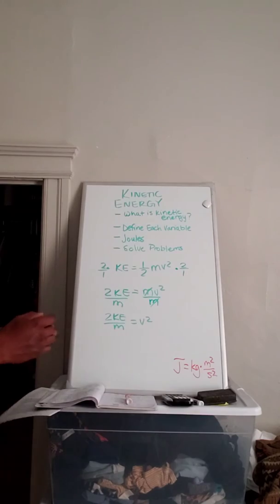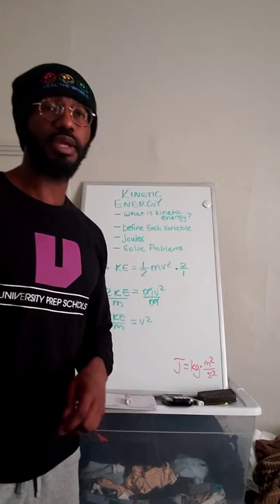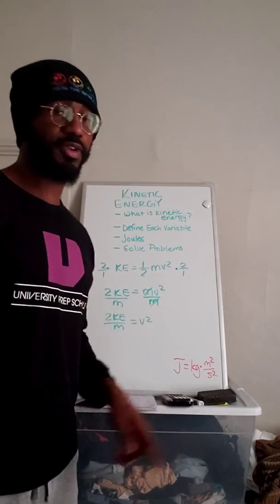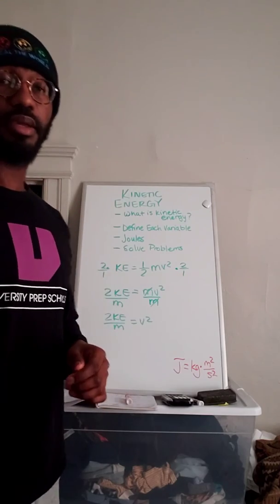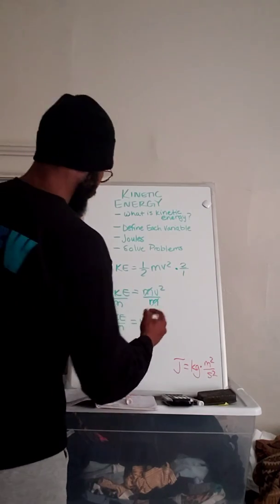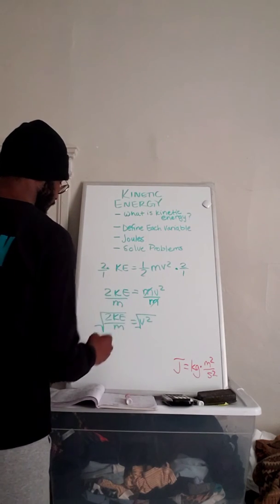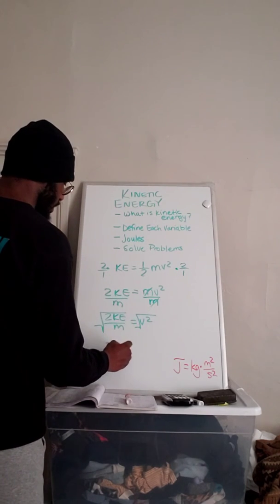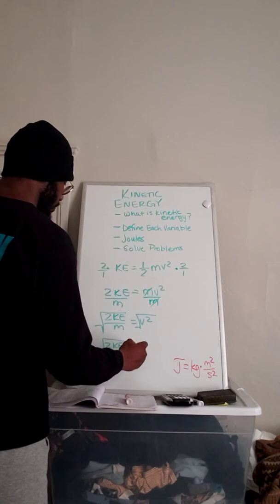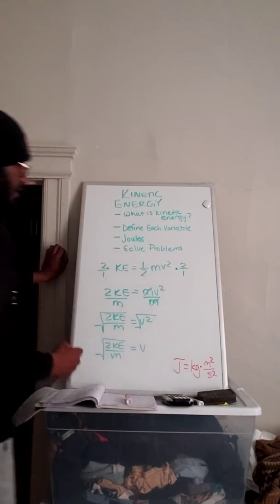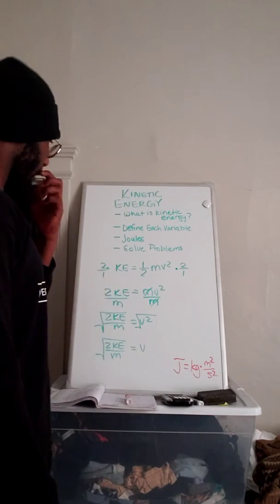Okay. Now, remember, I'm interested in V by itself. So in order to get V by itself, it is currently being squared. So I need to square root it to get V alone. So I'm going to square root both sides. And I end up with 2KE over M, all under the square root sign, equals V. All right. So all of that is good to go.